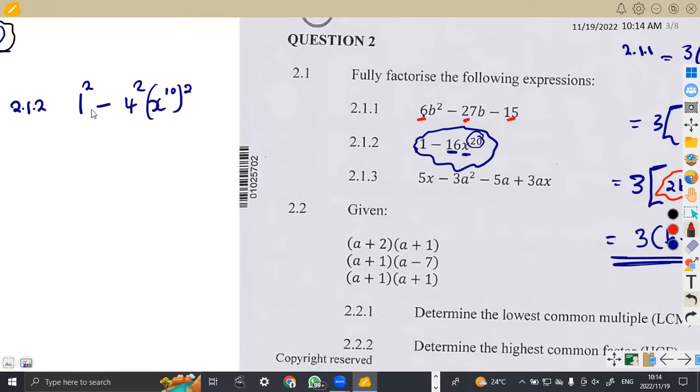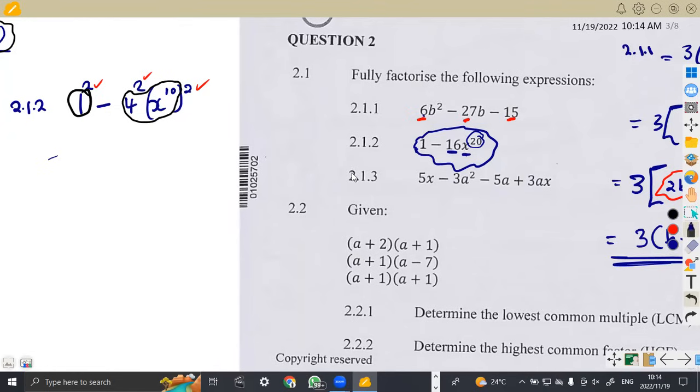So as we can see, we've managed to write in powers of 2. So that means we can apply the difference of 2 squares. Remember, one bracket adds, another one subtracts. So we're going to have these numbers, which is 1 and 4x to the exponent of 10, the one which is being raised to the power of 2.